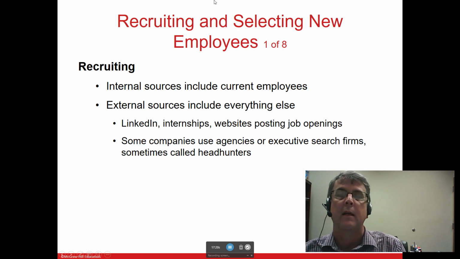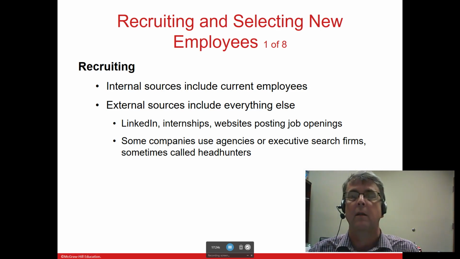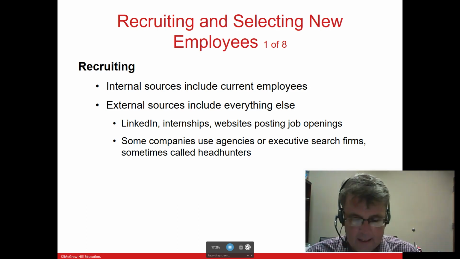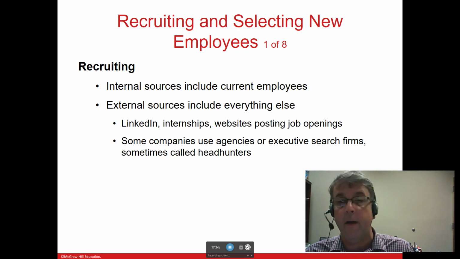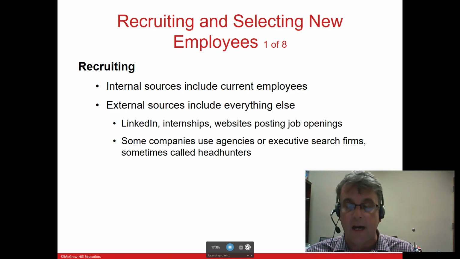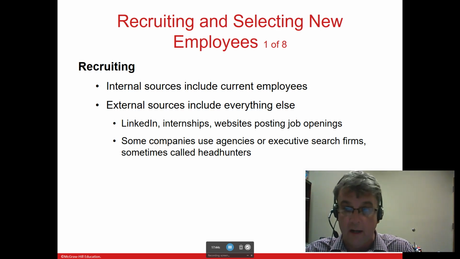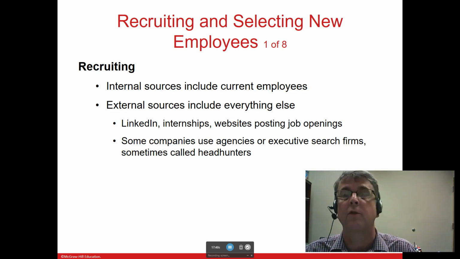Recruiting. Internal sources include internal employees. Okay. This is very important. Internal sourcing for jobs is going to be less expensive than what we call external sources, or hiring from external sources.